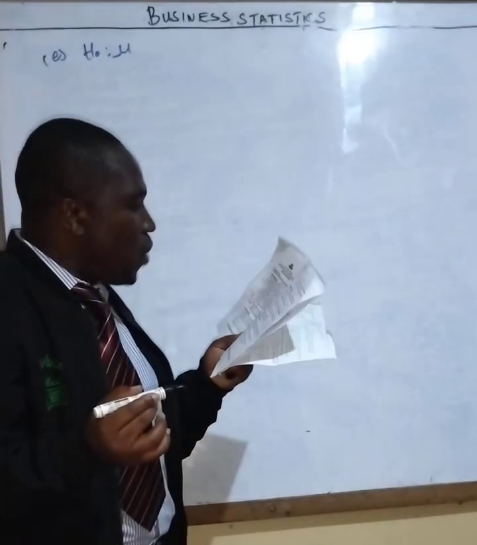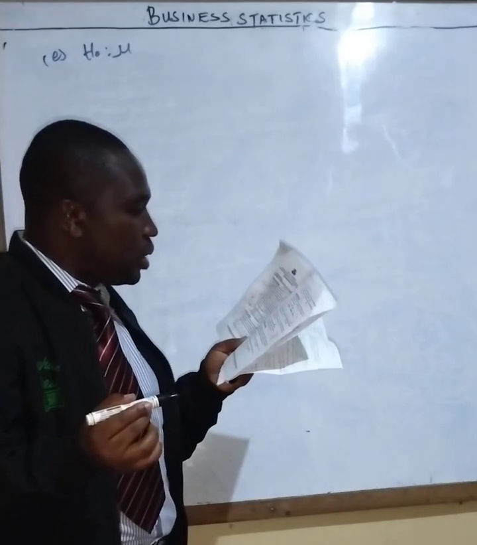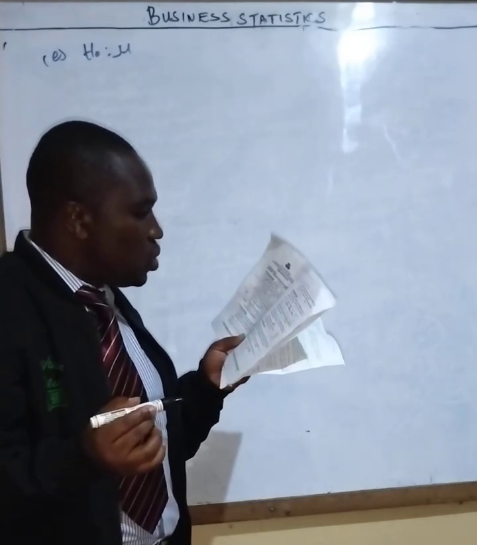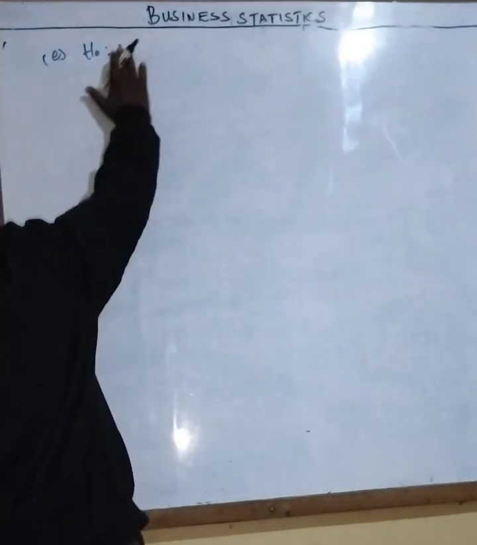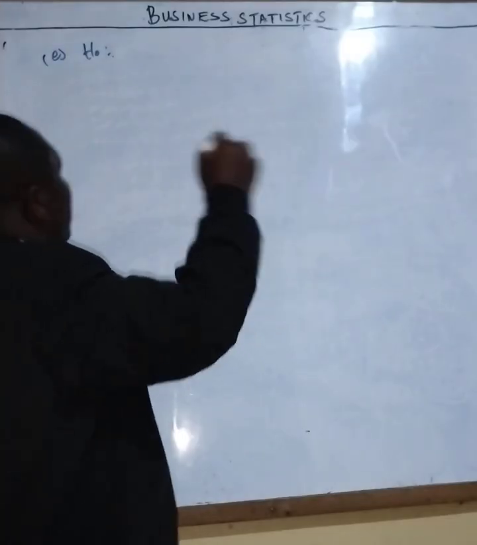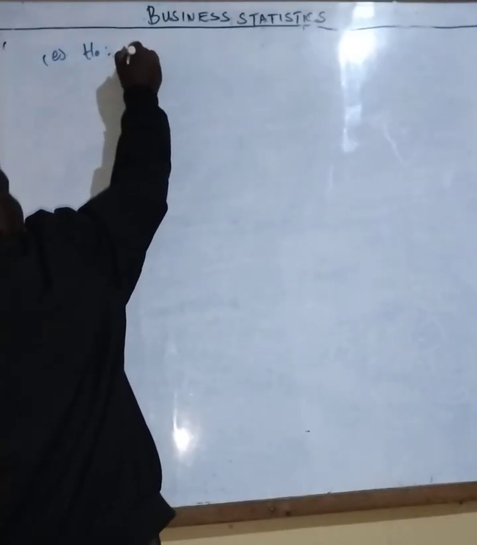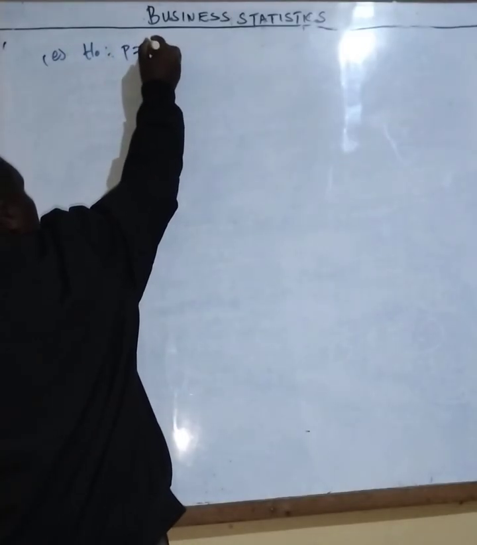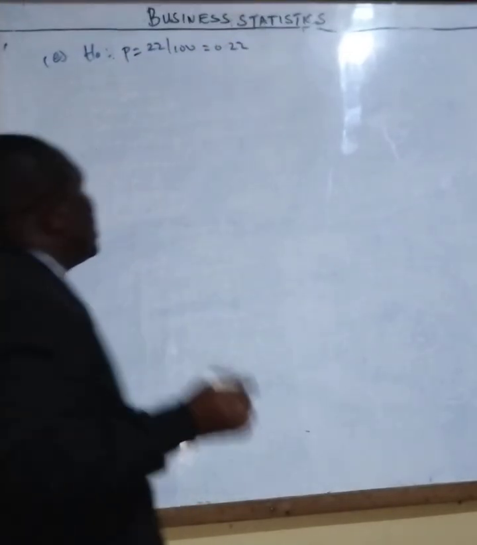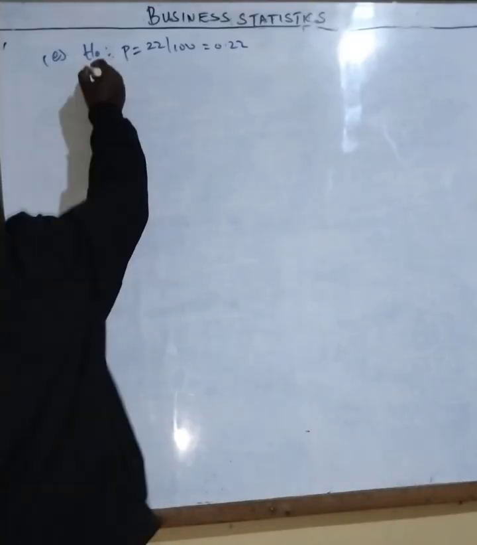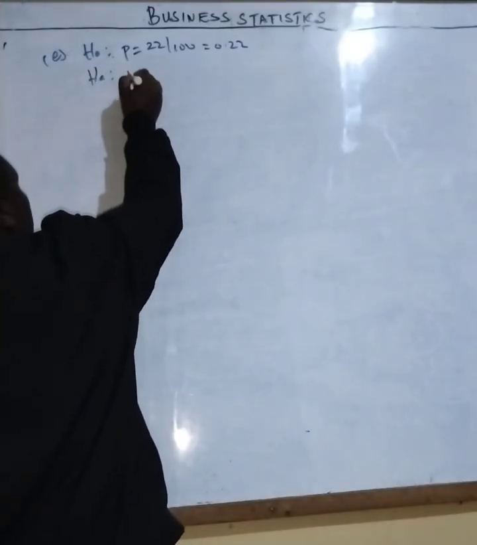A random sample of 100 units from an assembly line, 22 were defective. Therefore, out of 100, so let me work out first. I will say the sample probability equals 22 divided by 100, which gives you 0.22 as a probability. Then the alternative for that matter is P.